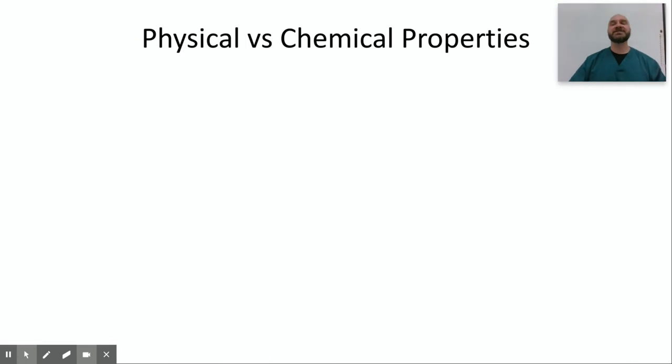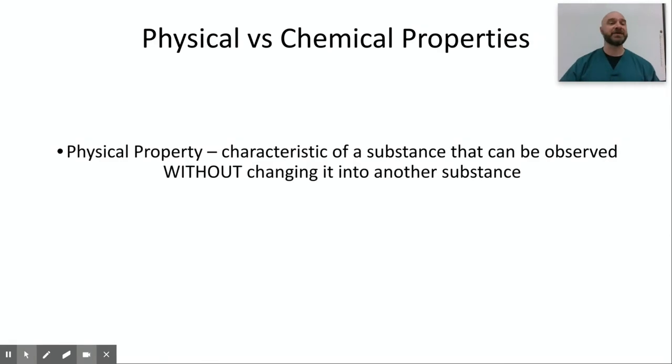All right. The next thing that Chapter 8, Lesson 1 is going to talk about is the difference between chemical and physical properties. A physical property of a substance is something that can be observed without changing it into another substance. So here I've got my mask. I can find out a lot of things about this mask without having to change this mask into any other kind of substance.